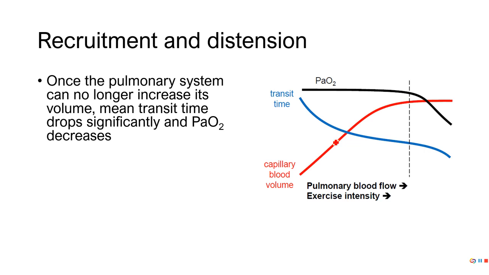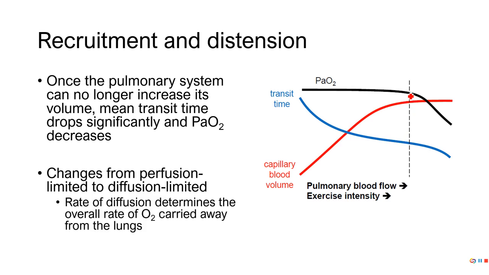We get to a point where transit time is less than what is needed to maintain arterial oxygen. When this happens, we say someone's not perfusion limited; rather, we say they're diffusion limited. The rate of diffusion isn't fast enough. We've done everything that we can on the cardiovascular side, but it's not enough, and so we don't have enough time for diffusion to occur.